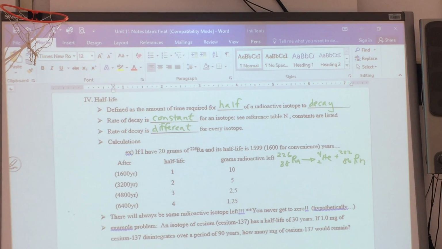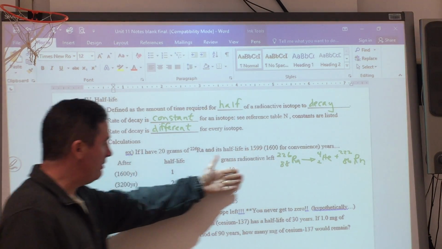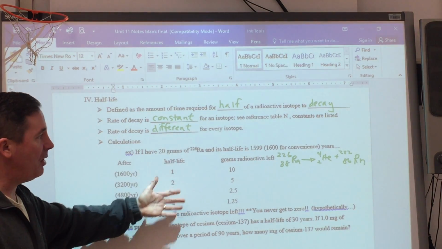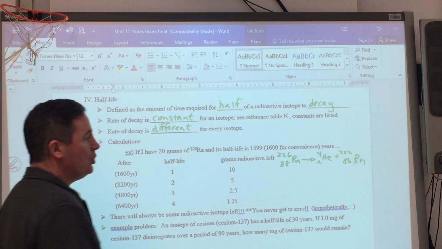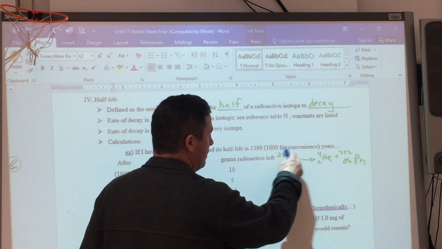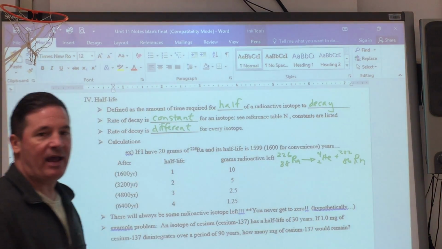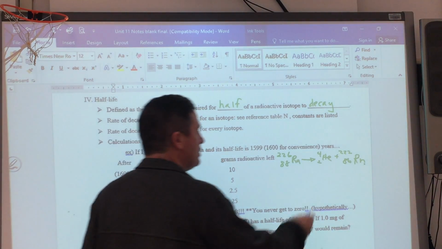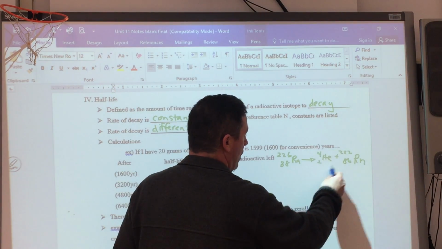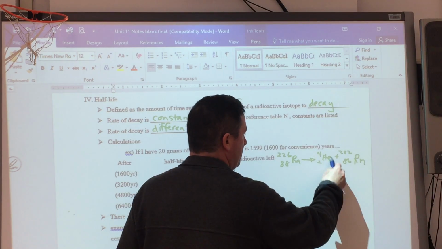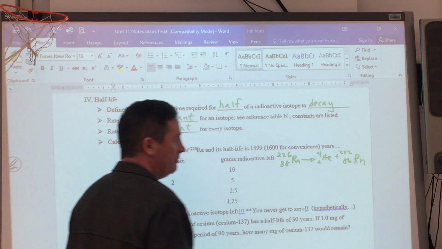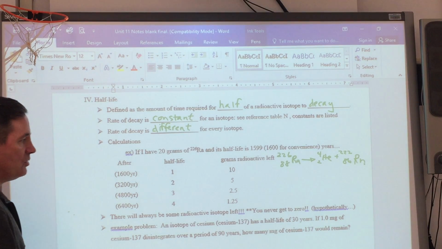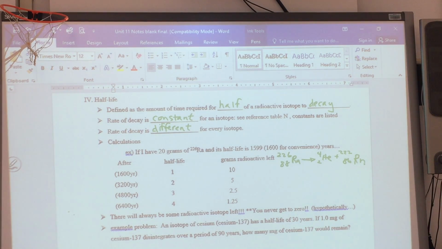Okay? Now, that's just practice. It doesn't have anything to do with the half-life part, except that you should know that this doesn't disappear when it says it's going through a half-life. The atoms are getting converted into something else. So in this case, they're converted into helium and into radon. All right? So as we go through these problems, keep that in mind.